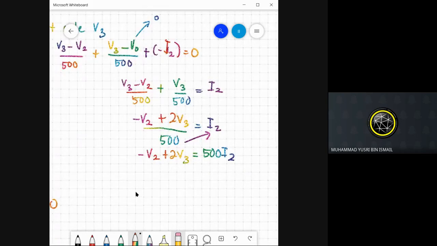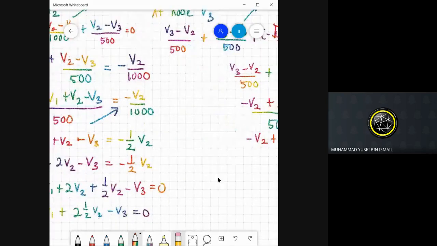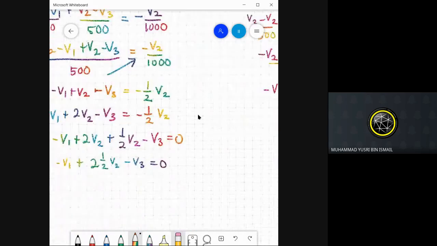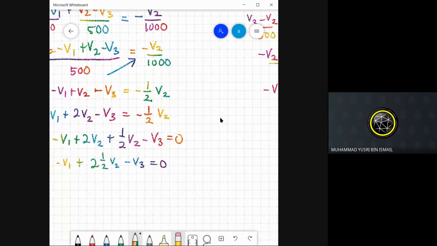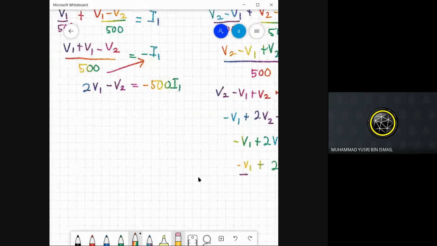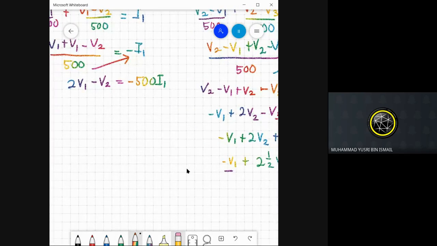Okay. So now we need to determine the voltage at this part. Here V at this side is represented as V2. So what we need to do is to substitute V1 in terms of V2 and I1.